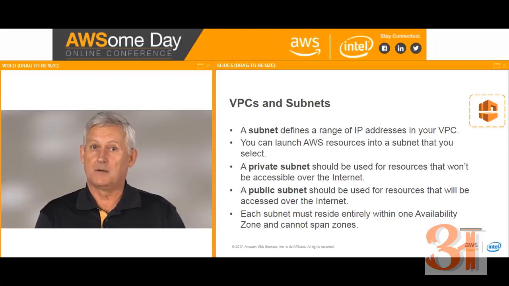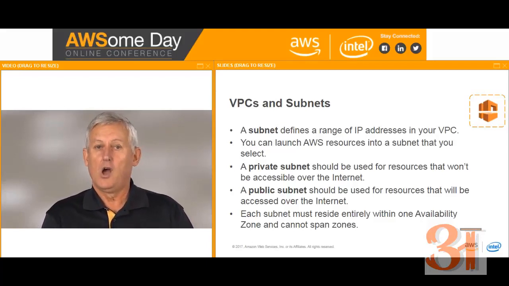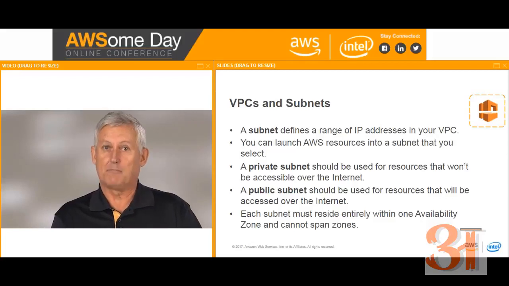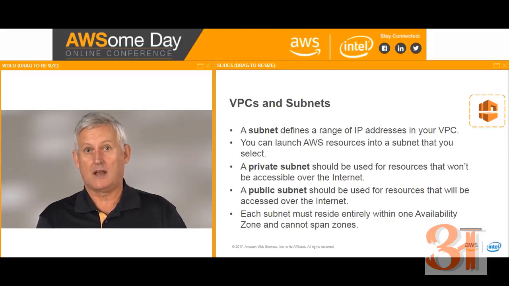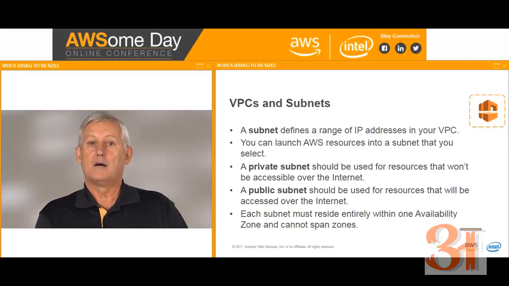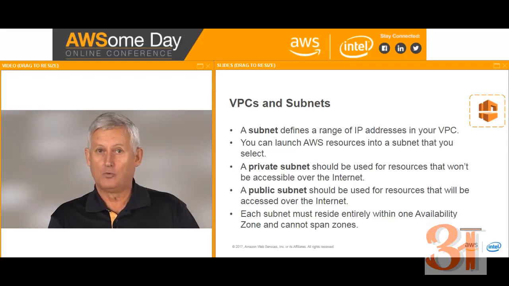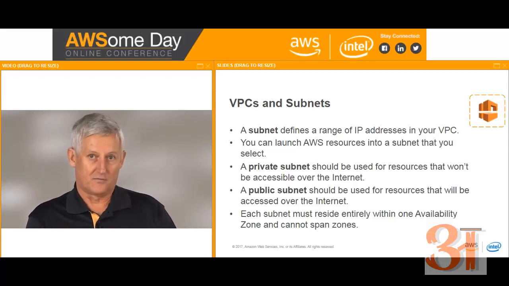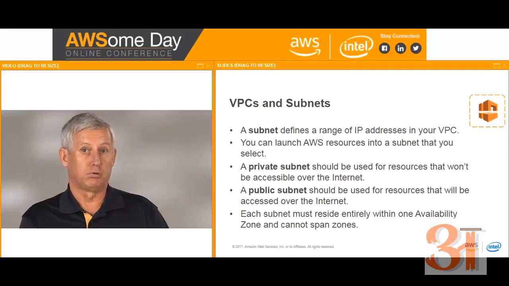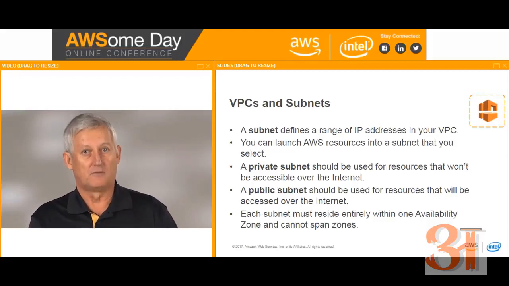Instances that you place in a private subnet are assigned a private IP address, whereas instances placed in a public subnet have both a private and internet accessible public IP addresses. Public subnets also have a route to an internet gateway, whereas private subnets do not, thus making resources placed within them inaccessible from the internet.